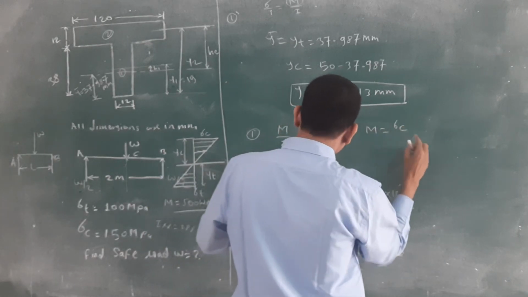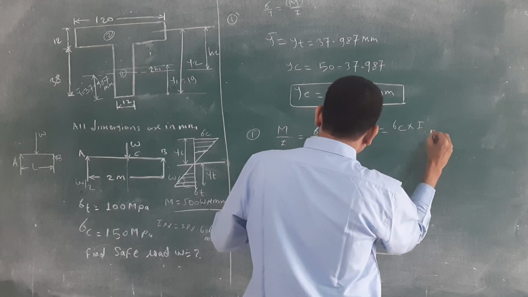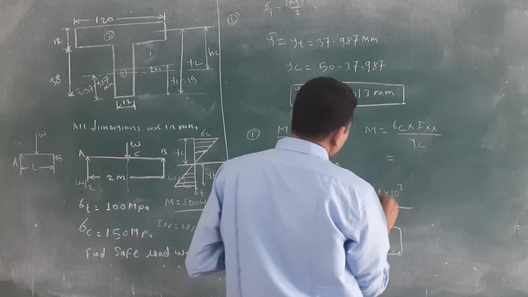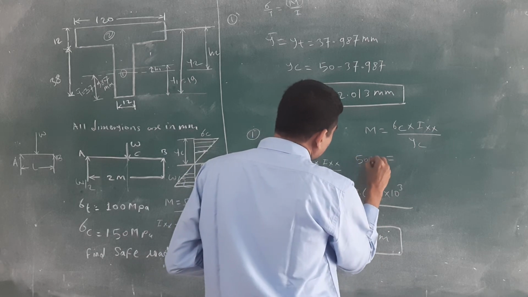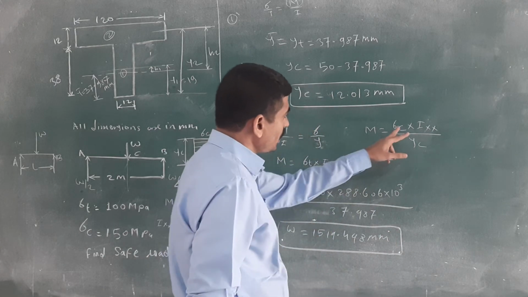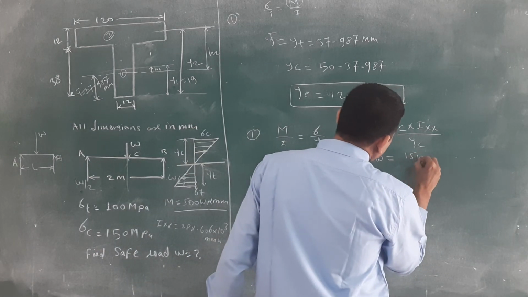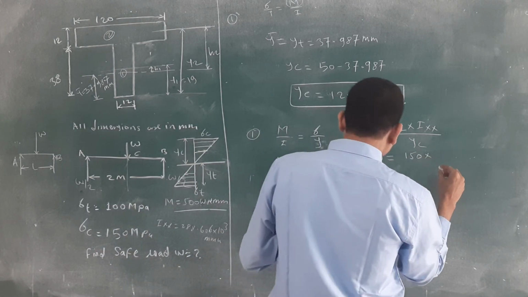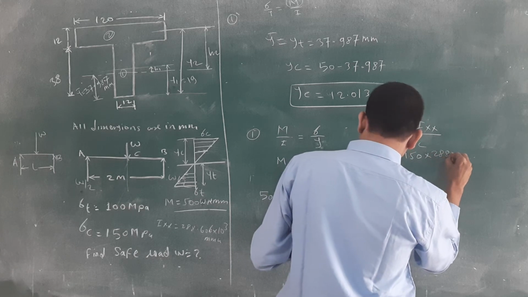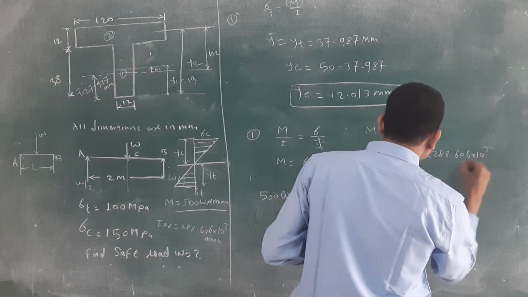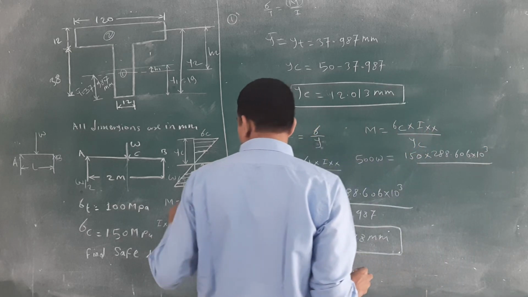Similarly, we want to calculate for the compression. I will repeat that equation: M is equal to sigma C Ixx divided by Yc. Here the M value is 500 W. Sigma C is 150. The Ixx value is the same about the neutral axis, 288.606 into 10 raised to 3, divided by Yc, which will change.